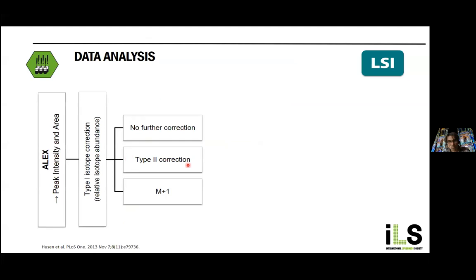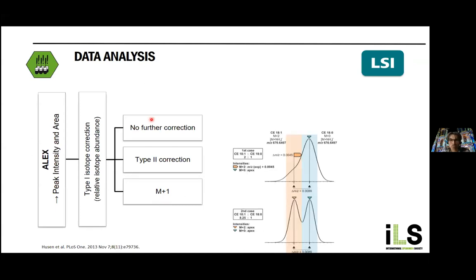He applied a type 2 correction, which we are used to from the triple quad data. And we also tried the first isotopic peak for quantification, based on suggestions from Xianlin Han, because here you have lower isotopic interference in this double bond series.